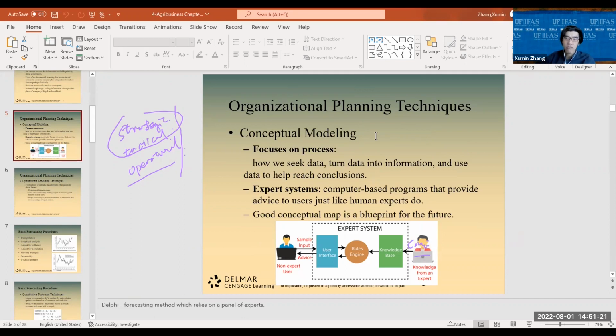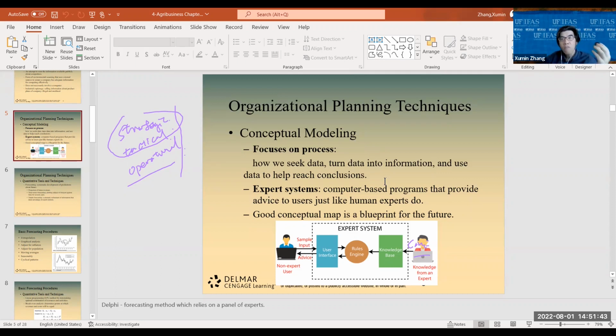When we have this information, no matter whether it is about the market or your competitor, that also includes the consumer, the supplier, all that information. Maybe those are qualitative, maybe they are raw data, okay?